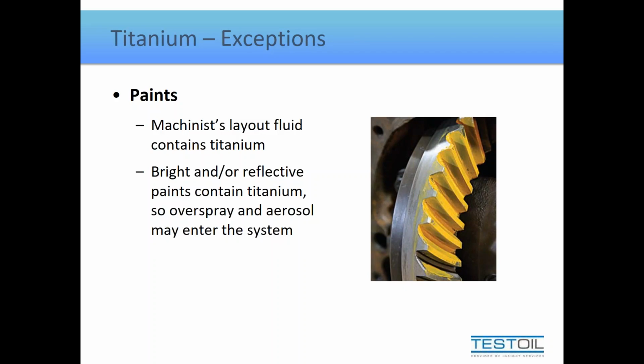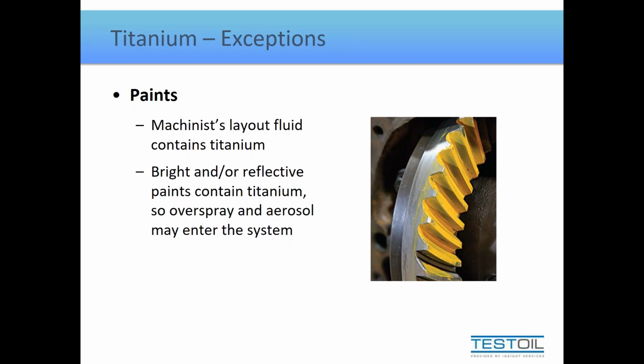If the machine has actually been painted, especially when they use aerosol type paints, or if there's any overspray onto the lubricated side of the component, then that paint may dissolve or wear off slowly and enter the oil. Again, as paint or any form of aerosol type paint, it's not an issue. It just provides you with an explanation as to why the titanium is present.